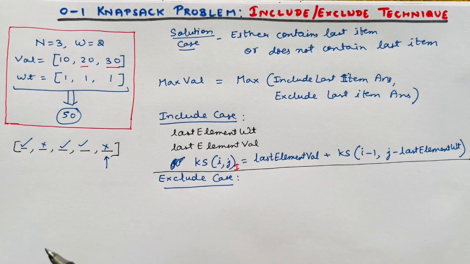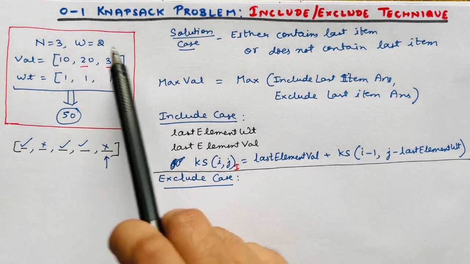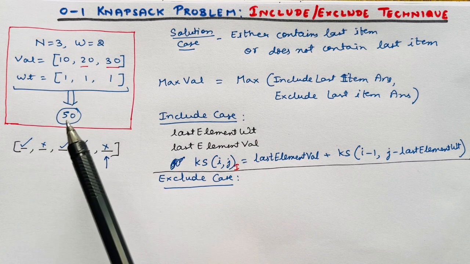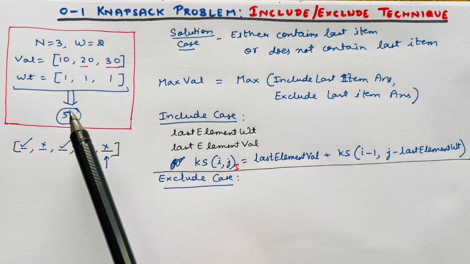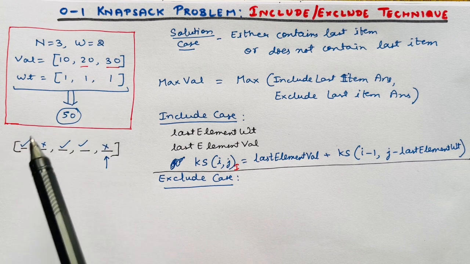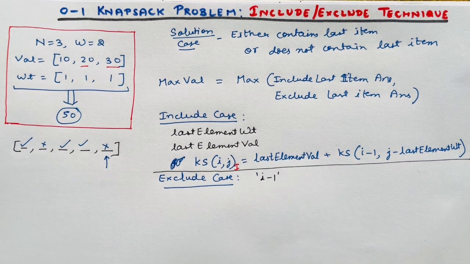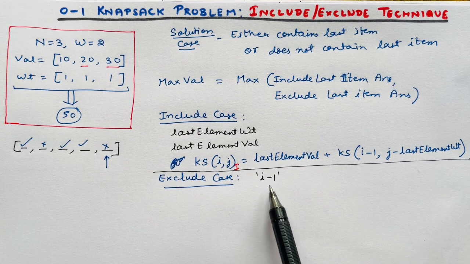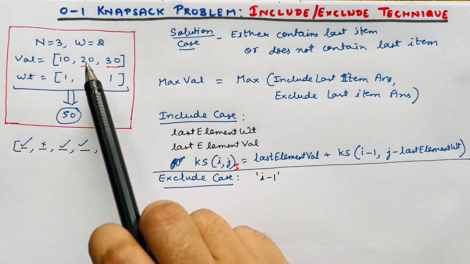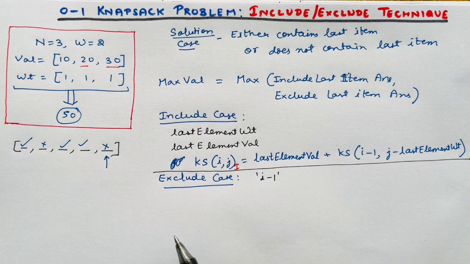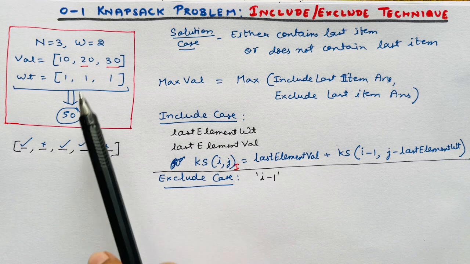If we say that we are considering first i items in our original problem, then what are the items that we are considering in our sub problem? We are considering first i minus 1 items, as we are sure that we are not including the last item. Similarly, if the capacity was j in our original problem, what is the capacity for our sub problem?